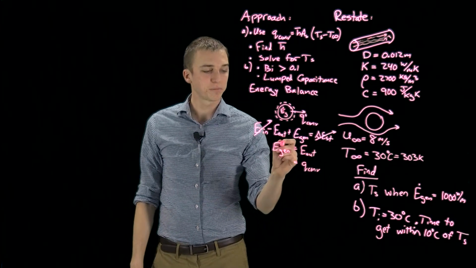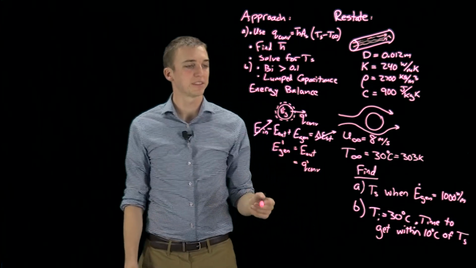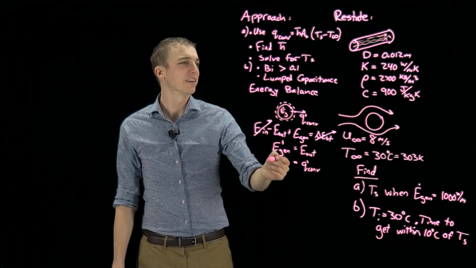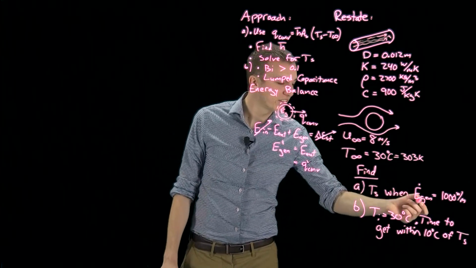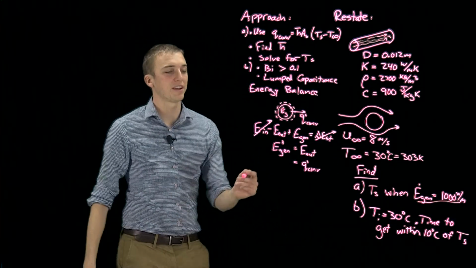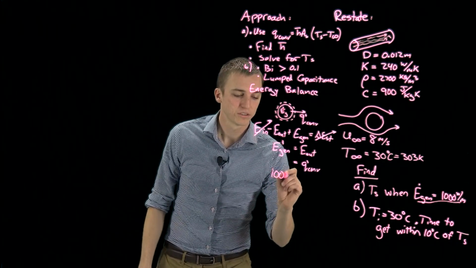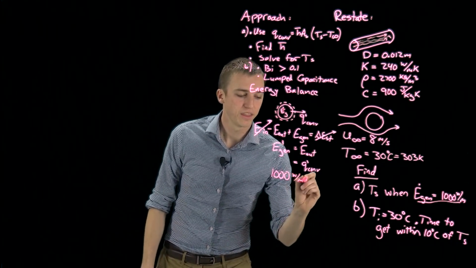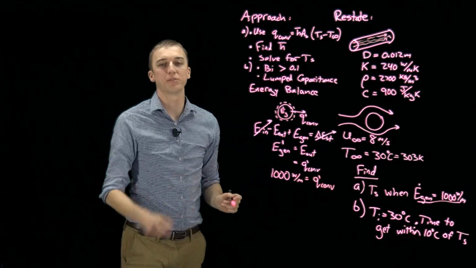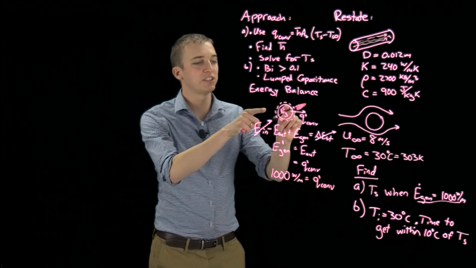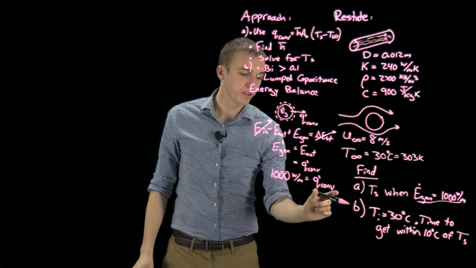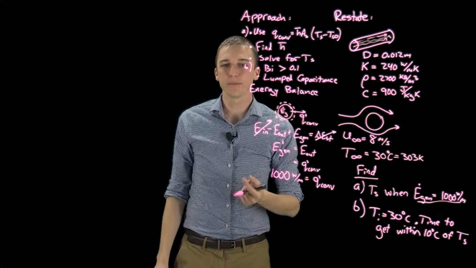These could both be written on a per unit depth basis, where I've dropped the dot, but this would be the rate of energy generated. We already know that right here. The rate of energy being generated inside of our rod is 1,000 watts per meter. We know that the amount of energy generating in here must be leaving as convection. And so we know Q convection is 1,000 watts per meter.